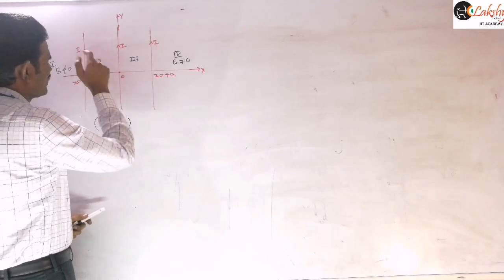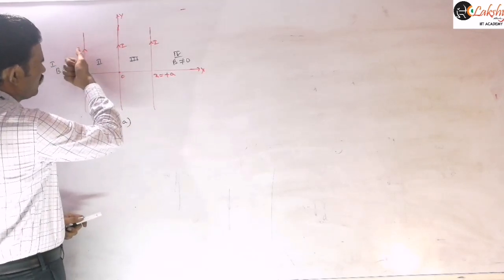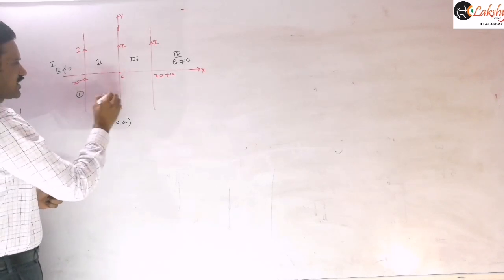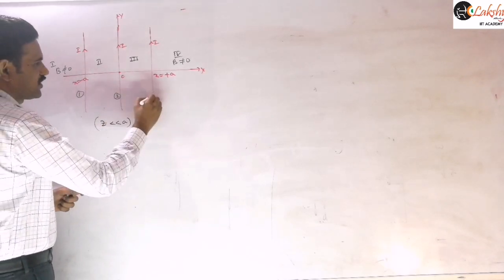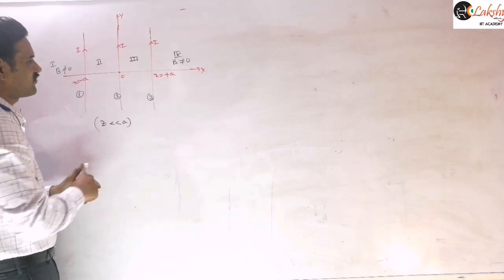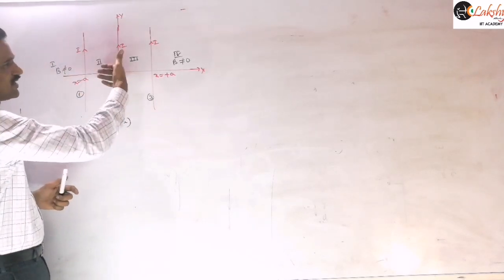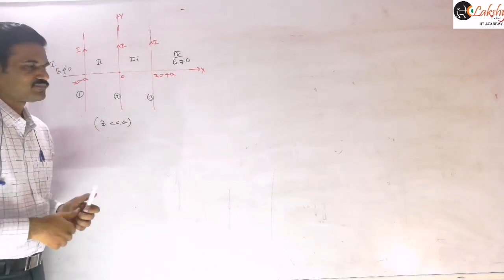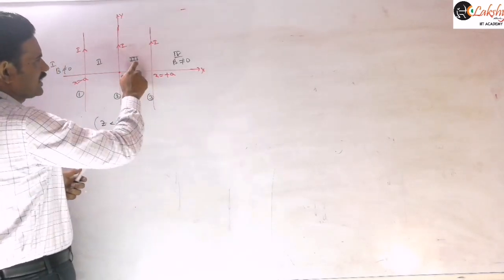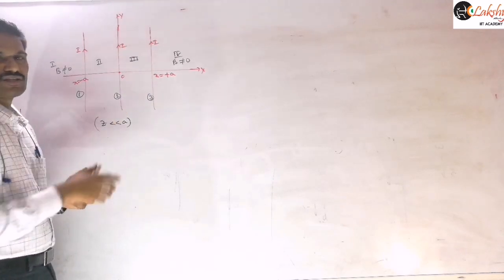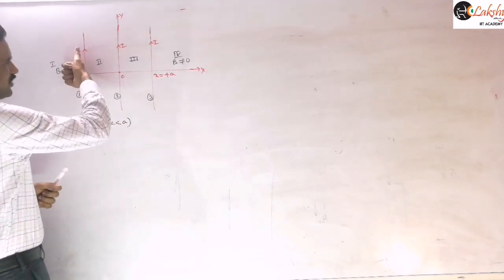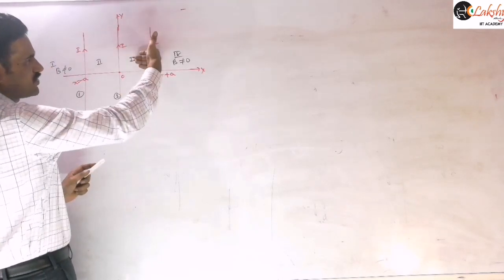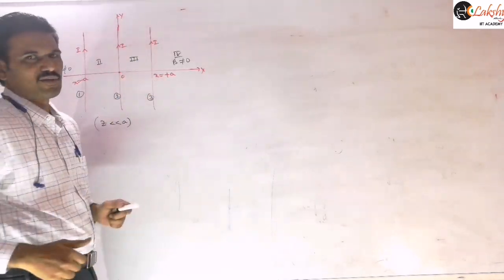Suppose in region 2 I check: let us say this is the first wire, this is the second wire, and this is the third wire. The magnetic field due to the first wire will be inwards, and the magnetic field due to these two wires will be out of the plane. Similarly in region 3, the magnetic field due to this wire will be inwards, due to this wire also inwards, and due to this wire out of the plane.